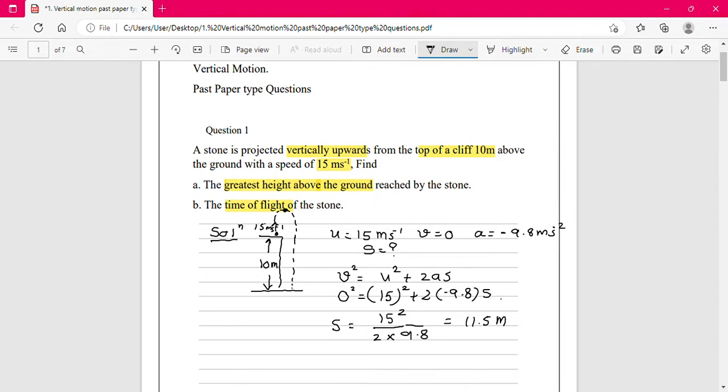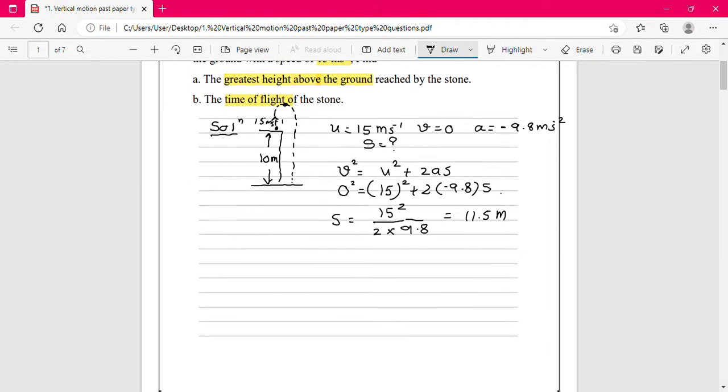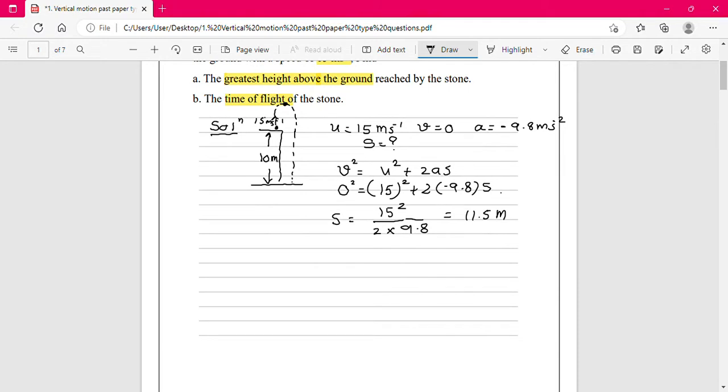But be careful, we don't want the height reached by the stone from the top of the cliff. We want from the ground. That means we have to add this 10 meters to it.